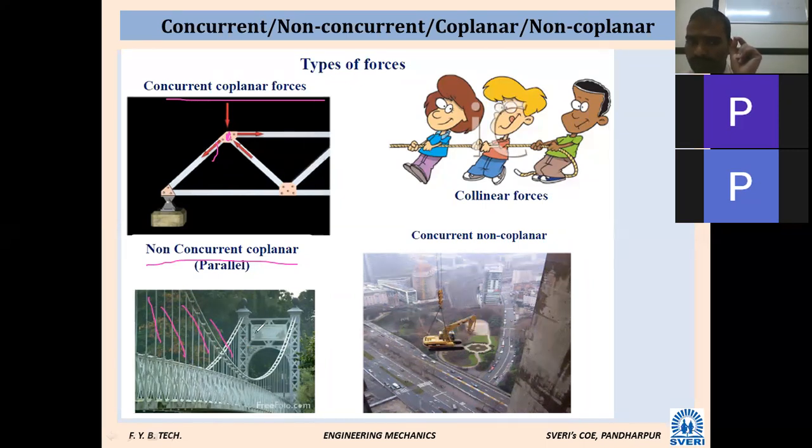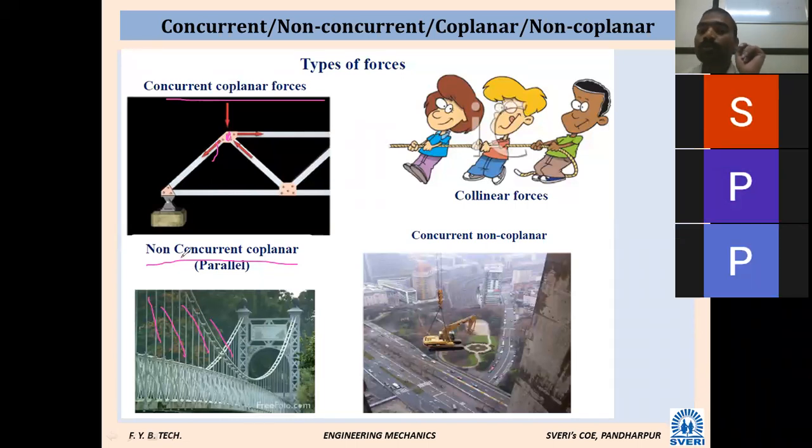No. It means it is non-concurrent coplanar. Now see, here there is a cable, here a cable, here a cable, like this. All are in one plane, but they are not acting at the same point. It is called non-concurrent but coplanar forces.